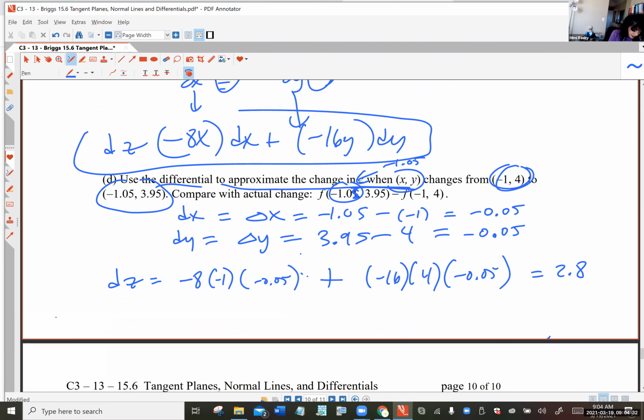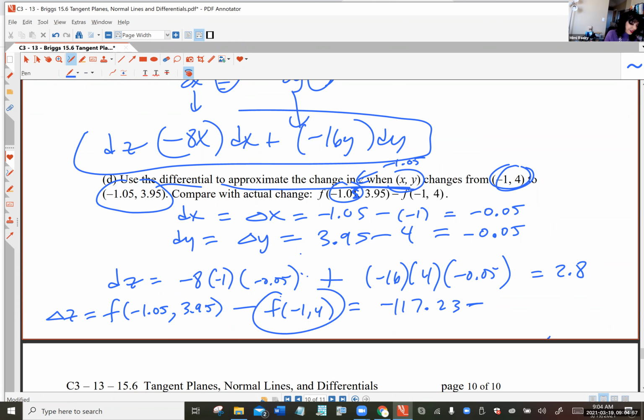So the delta z, which is the actual change in the altitude, is f evaluated at -1.05, 3.95, minus the function evaluated at -1, 4. So I got -117.23 minus, now I didn't evaluate the function at -1, 4, but I did when I was doing the tangent plane, so I'll plug that in.